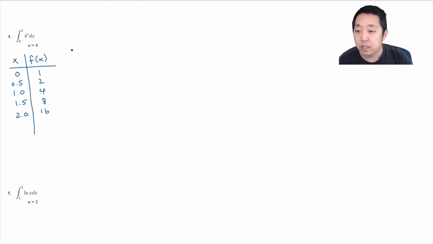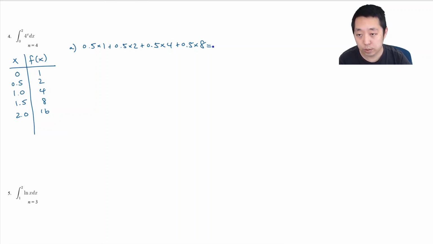Okay? And so for the left-hand sum, I'm going to use these 4 as my heights of the rectangles. So it's going to be 0.5 times 1 plus 0.5 times 2 plus 0.5 times 4 plus 0.5 times 8. They're the left-hand sums because the x's are all the smaller ones.